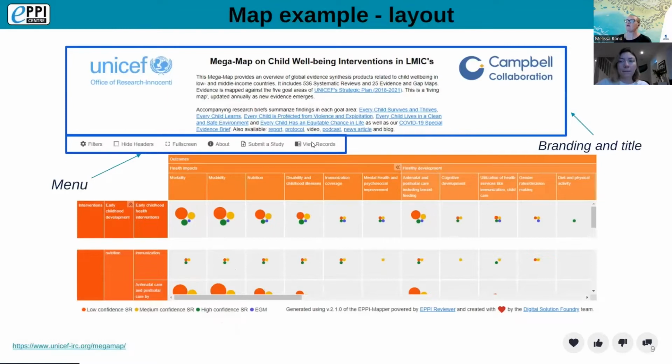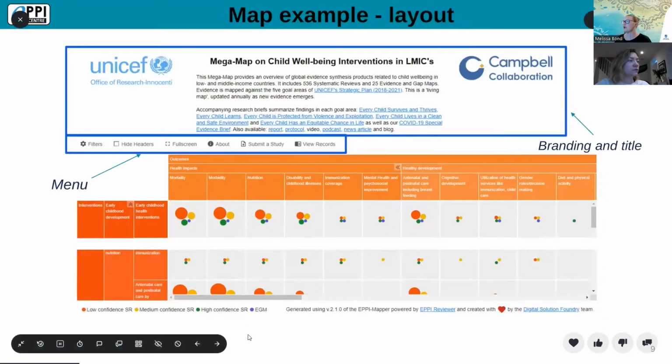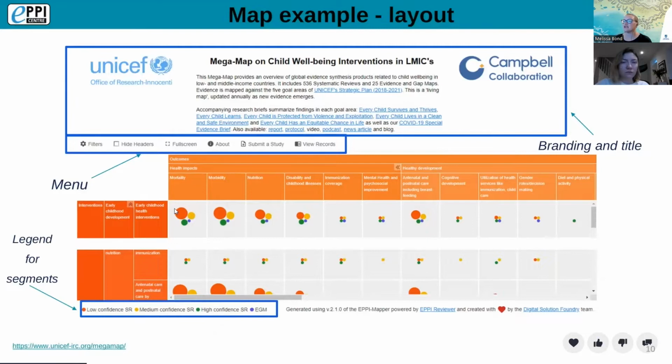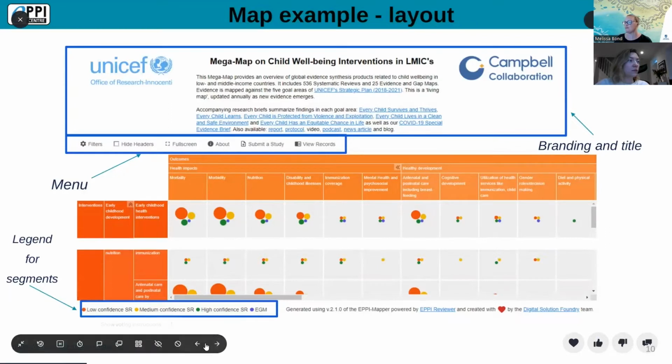Then underneath that, we've got the menu, which features filters, hide headers, full screen, about, submit a study and view records, and I'll explain what each of those are shortly. Then down the very bottom of all of the maps, you have the legend for the segments. And so these are the segmenting features that appear in each of the cells. And so they will show you what color is represented by which particular code that you had in your review.